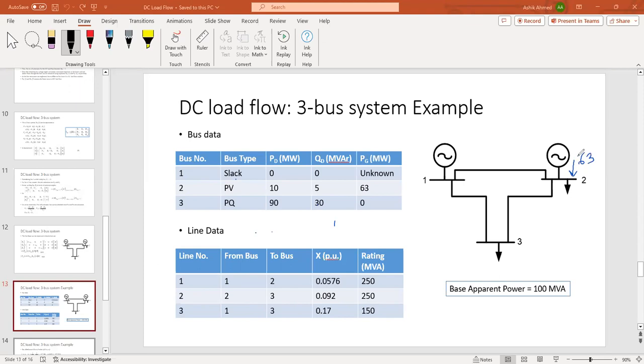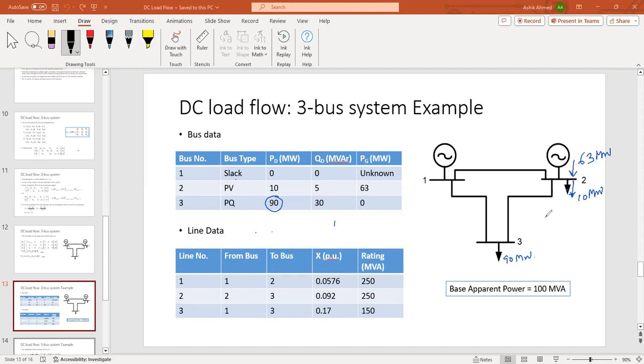Power injected to the bus is 63, and power taken out from the bus due to the presence of the load is 10 megawatt. What about bus number 3? There is no generator, so PG will be 0. There are no injections in the form of generation, but power is drawn out from this bus. How much power is drawn? Real power, it is 90 megawatt.